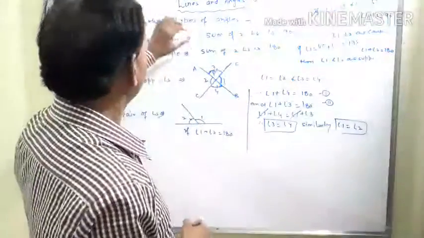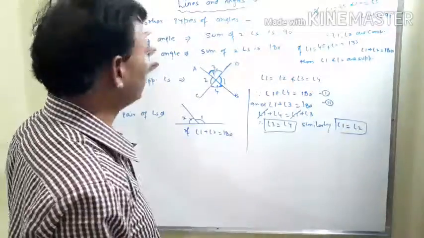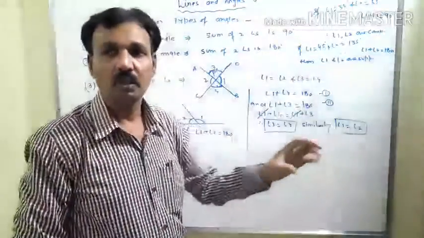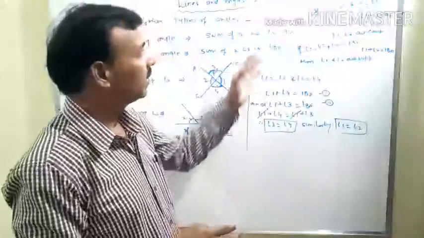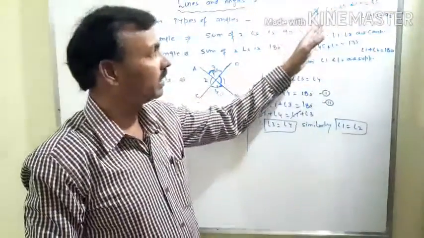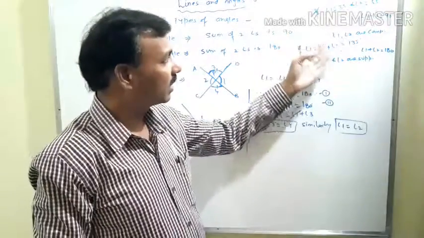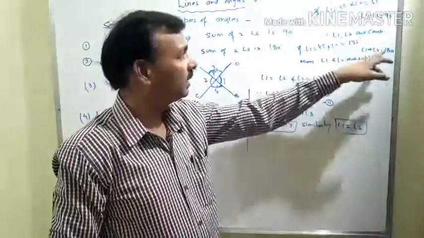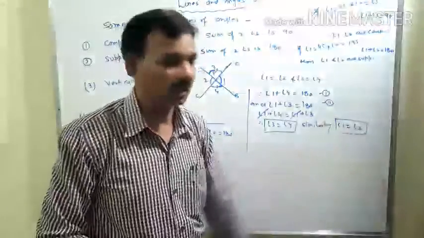That means these angles, complementary and supplementary, both angles will be separate, but if the sum of both angles is 90 degrees, then this is known as complementary, and if the sum of both angles is 180 degrees, then this is known as supplementary angle.